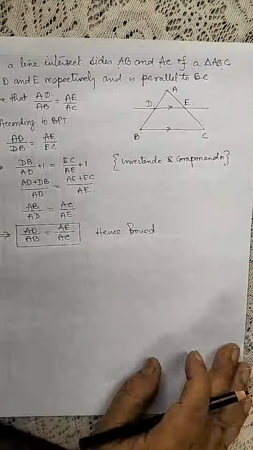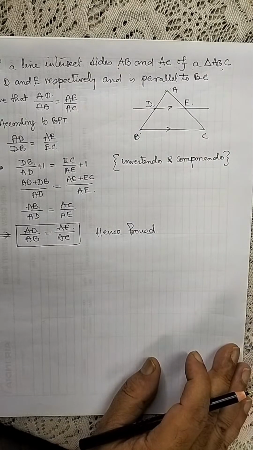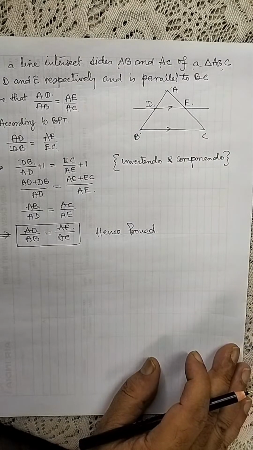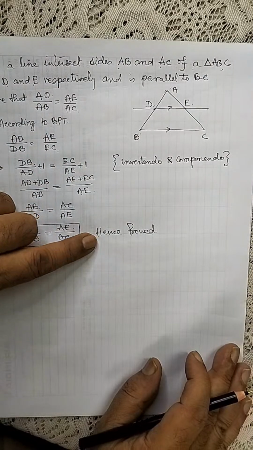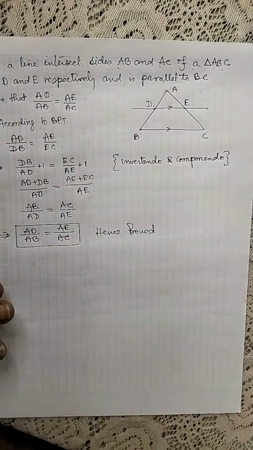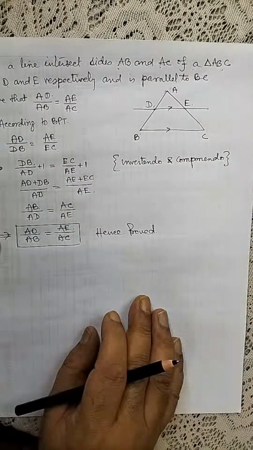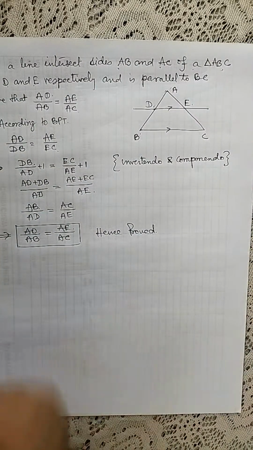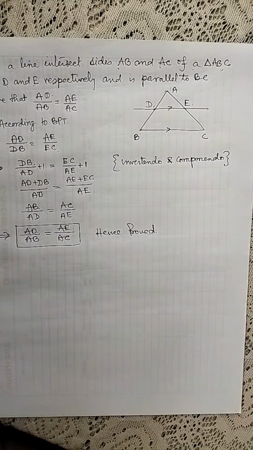Usually students lose a lot of marks because they don't follow the steps in continuation. There should not be a break. There should be reasons at every step. Simply arriving at the result will not serve your purpose.